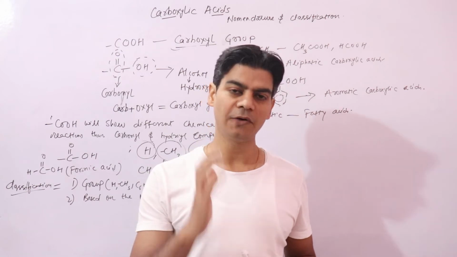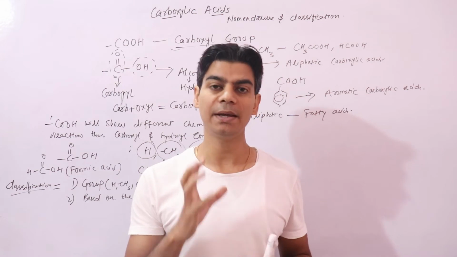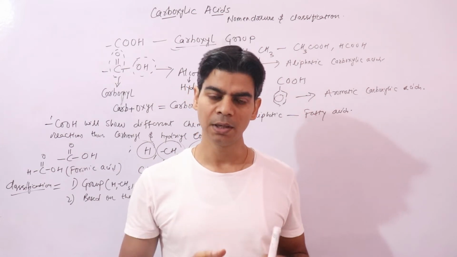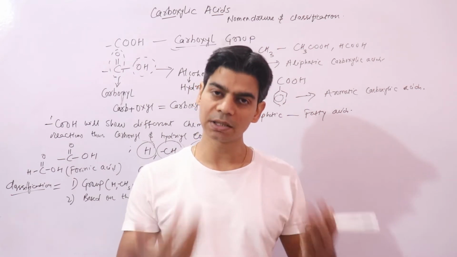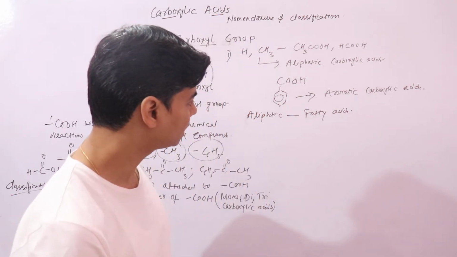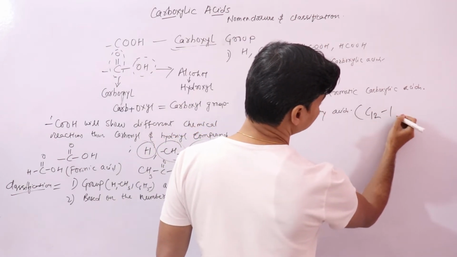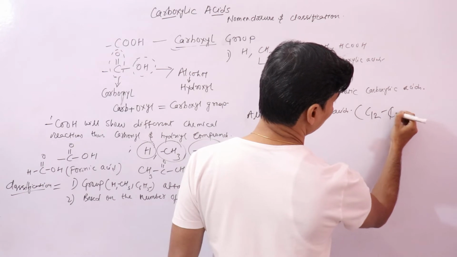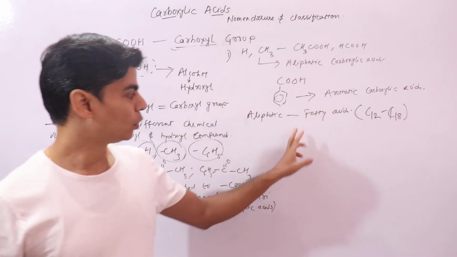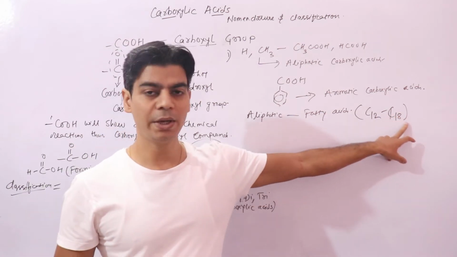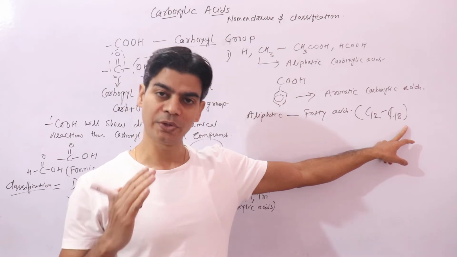Because the natural fats contain esters, right? And these higher carboxylic acids, when we say higher carboxylic acids, we mean carboxylic acids containing 12 to 18 carbon atoms, are termed as fatty acids.